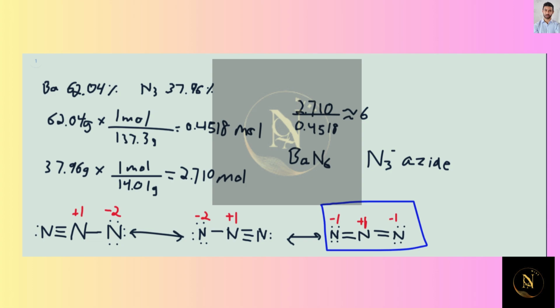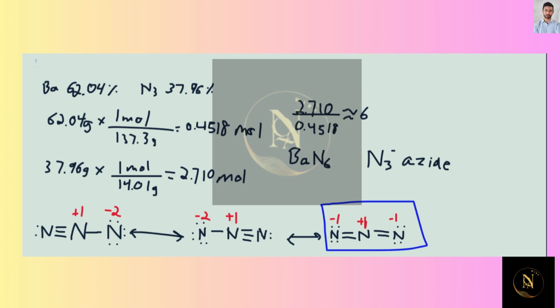And so let's look that up. Typically for nitrogen bond lengths, for an N–N single bond it's going to be 1.45 angstroms, a double bond is going to be 1.25, and a triple bond is going to be 1.1.